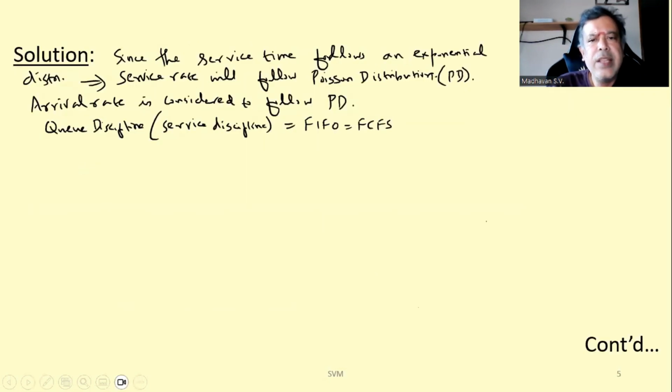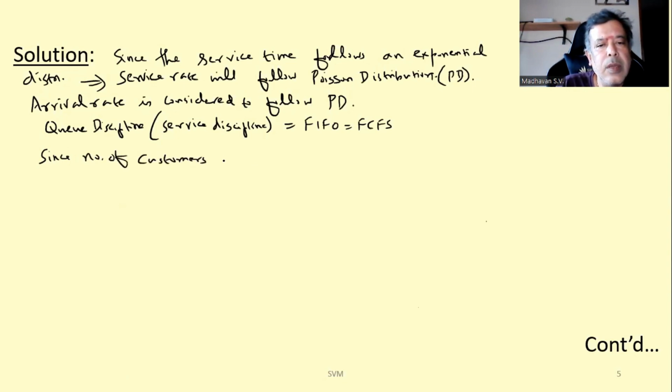Then, they didn't specify anything about our calling source population. They also didn't specify any restriction on the number of customers allowed in the system. Since the number of customers allowed in the system is not specified, it is considered to be infinity.